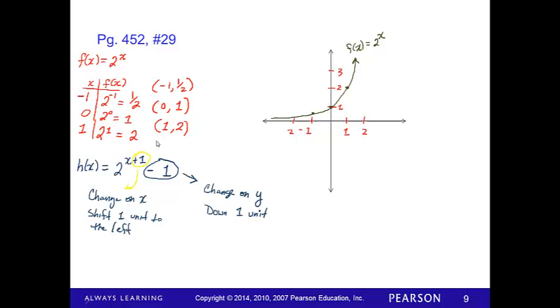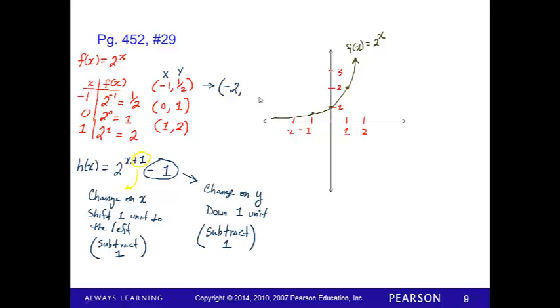So now let's make the changes to these points. That negative 1 in the x-coordinate, well, I know I had to shift 1 unit to the left, and that's the same as saying subtract 1. So we're going to subtract 1, so that's negative 1 minus 1, which is negative 2, comma, the half is in the y, and it said go down 1, which is the same as saying subtract 1.